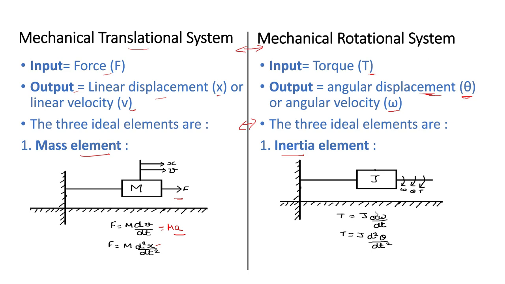Then in rotational system, torque acting is equal to j into d omega by dt, where omega is angular velocity, or t is equal to j double differentiation of angular displacement with respect to time. Here I have denoted it by j, but it can be written as I or j or similar thing.